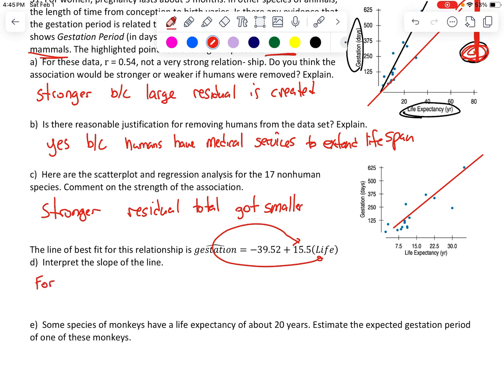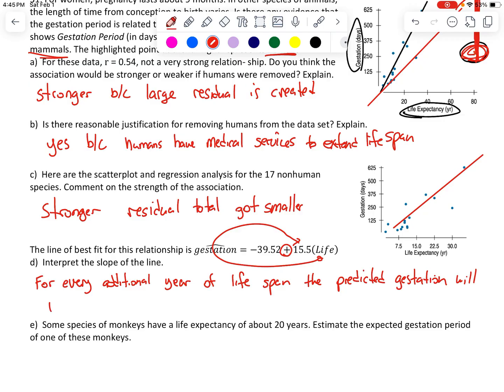So for every additional year of lifespan, my predicted response, gestation, will, because that is positive, increase by 15.5 days on average.